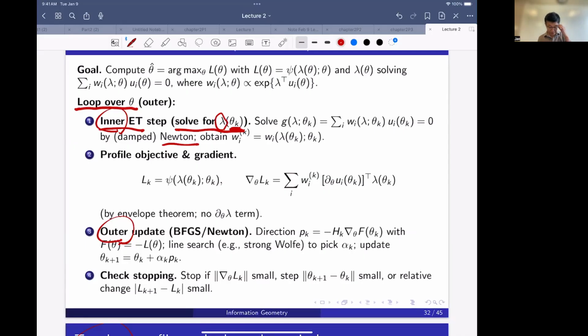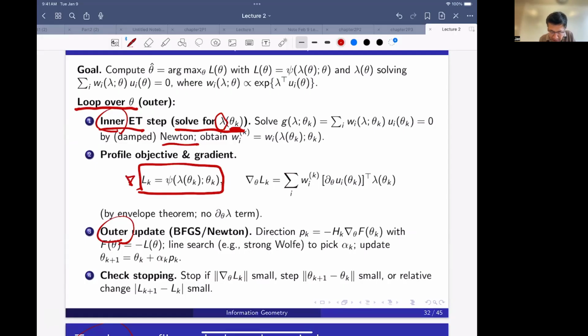Okay, and so basically we know the loss function already. The objective function you want to maximize or minimize is this psi of lambda and theta.